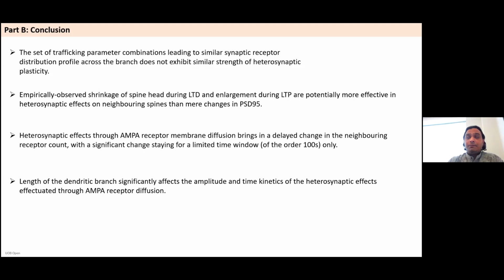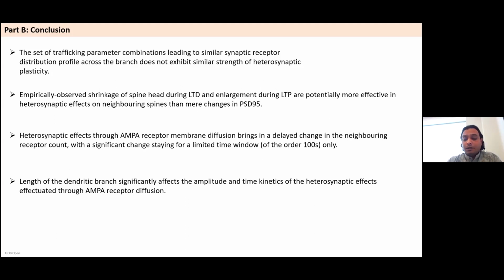And the heterosynaptic effects are also observed to happen with a delay. So at the point when I am doing perturbation in the middlemost spine on the dendritic branch, the neighboring spines get this perturbation effect with a certain delay. And the significant changes in the free receptor count only stay for a limited window.